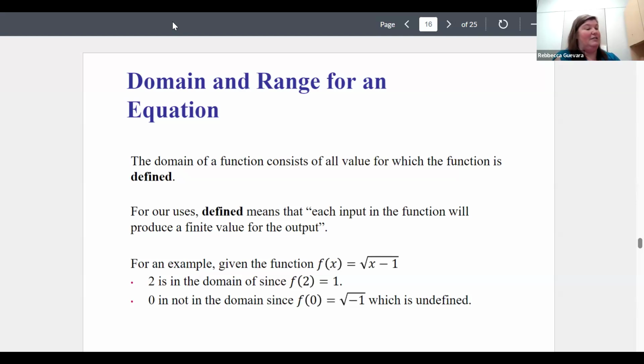Undefined means I put an X in, I don't get a Y. What it means to be undefined is if I input an X, either the output Y is non-existent, or itself is undefined.